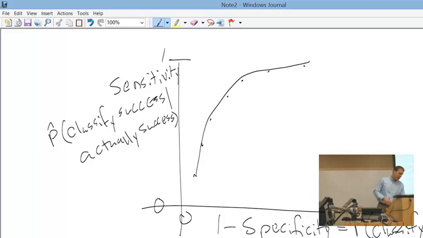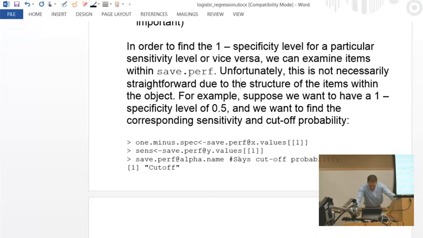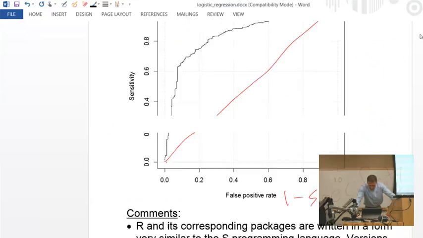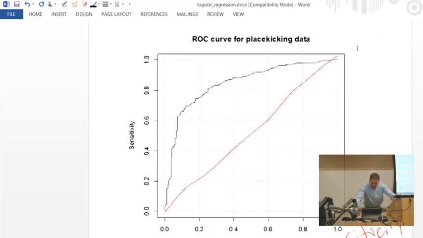We had an example of an ROC curve on page 26 of the notes. This was for the place kicking data set.